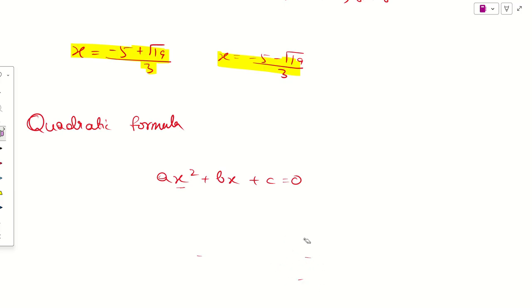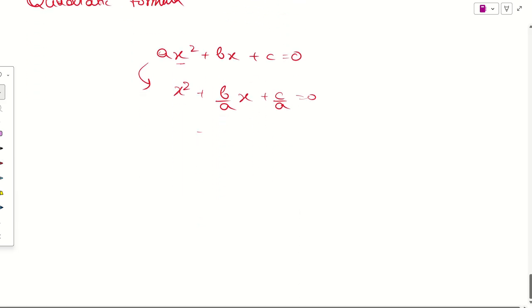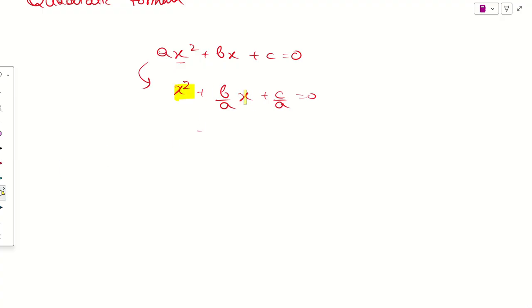So in the quadratic formula, first we have to divide this standard form by a. Here we have an x square and an x term.